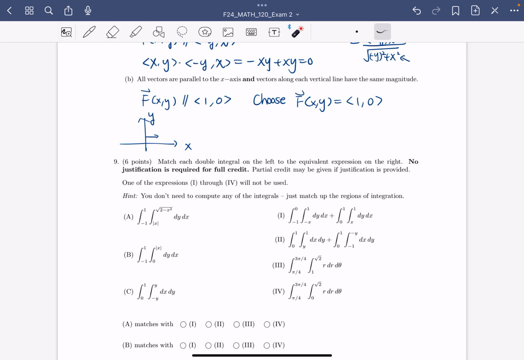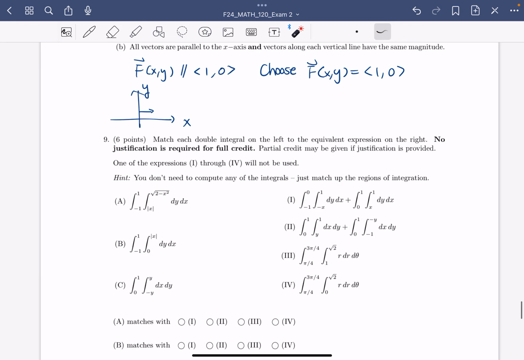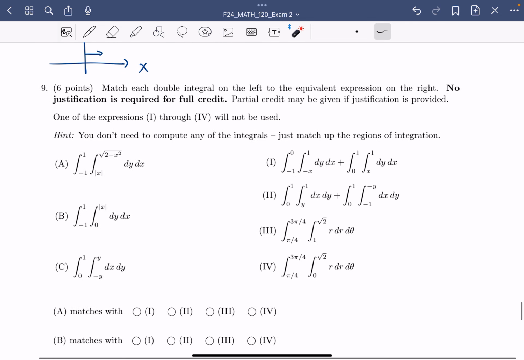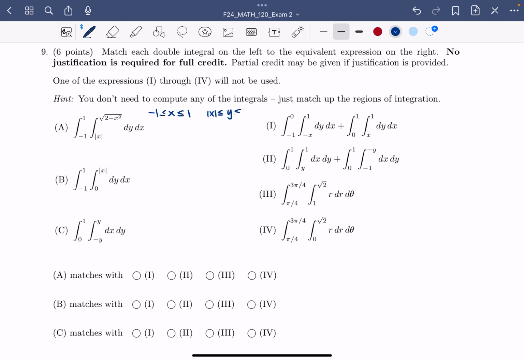So for part A, we don't really have space here, so let's zoom in a bit. For number A, x is from -1 to 1, and y is from the absolute value of x to the square root of 2 minus x squared.